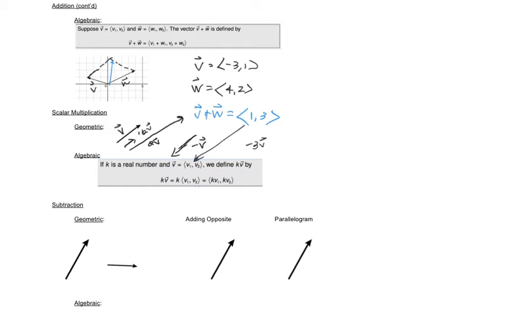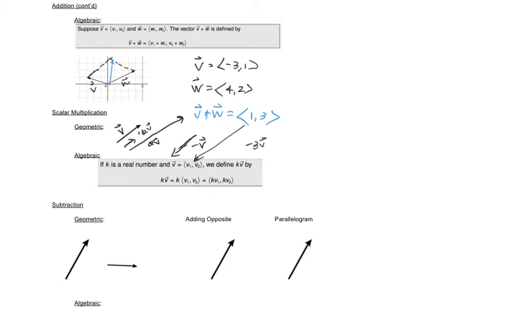So that's a scalar multiple. The way we do that using our components is we just multiply each of the components by that scalar. You can try that out, maybe even do what I did here with this picture, just to really see if you believe it. Maybe find 2 times V and see what it looks like.